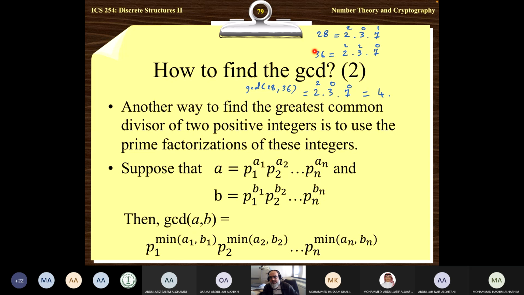So what are the primes in both of them? 2, 3, and 7. We're taking all of them, yes, because we need to write it in this form: P1 to the power A1, P2 and so on, with the same set of primes here. Right, so this is called the greatest common divisor.